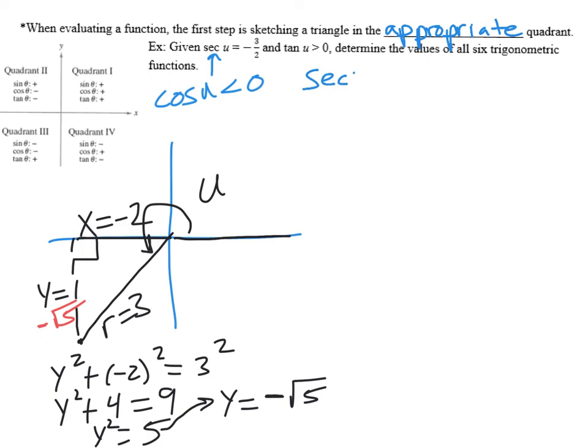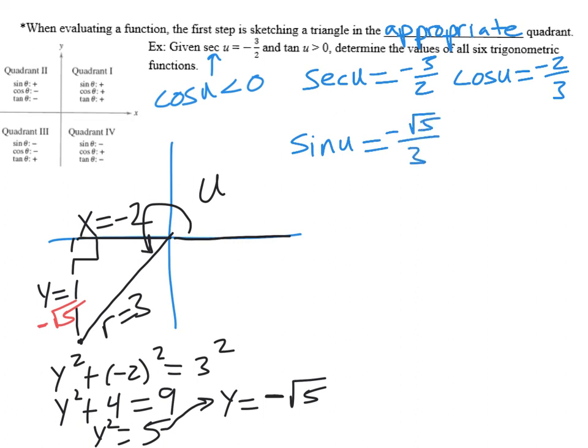I'll just list off all 6, of course, starting with the easiest one, the one I know. And then I love to go over to cosine. That's the easiest one to get. It's negative 2/3 from a reciprocal. Then let's go sine, right? Sine is y over r. That would be negative square root 5 over 3. And then let's go reciprocal. Tell me about cosecant.